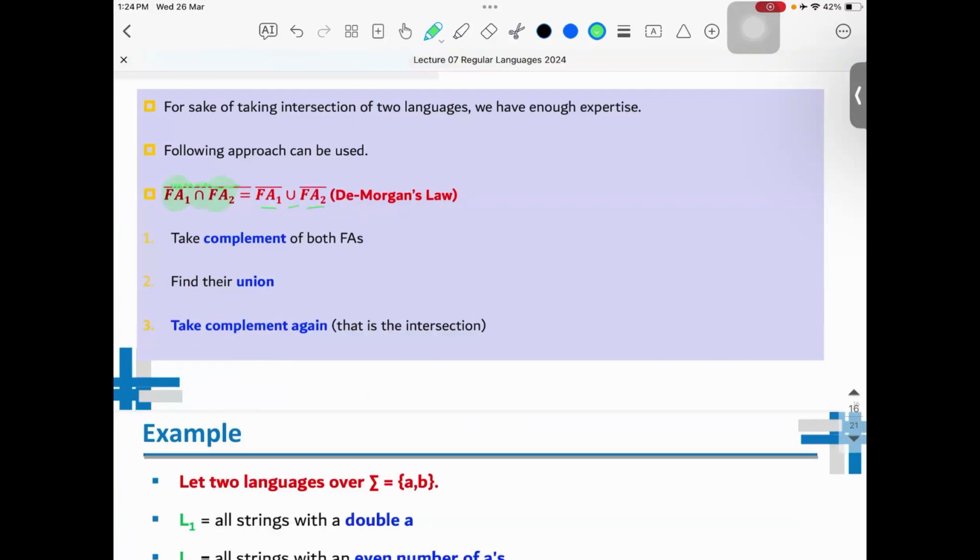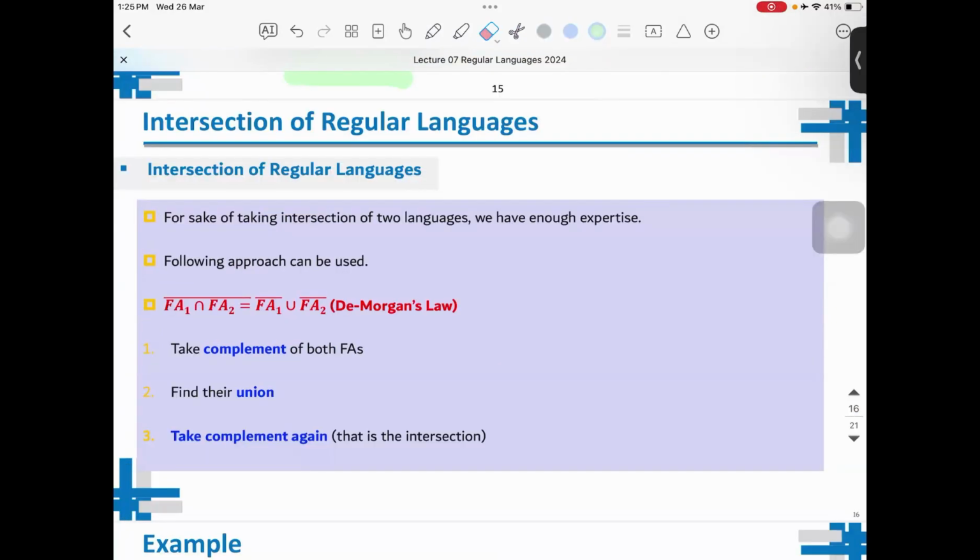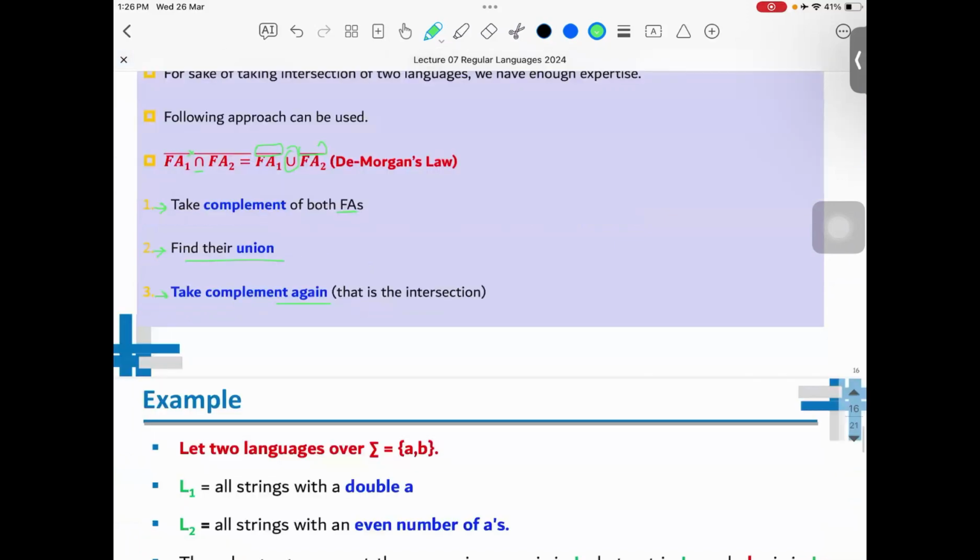So in order to apply the intersection, we already know how to take the union, and we already know how to take the complement. First we take the complement of both finite automata, then we find the union, and after that we need to take the complement again. Why the complement again? Because I just need the intersection without this complement.